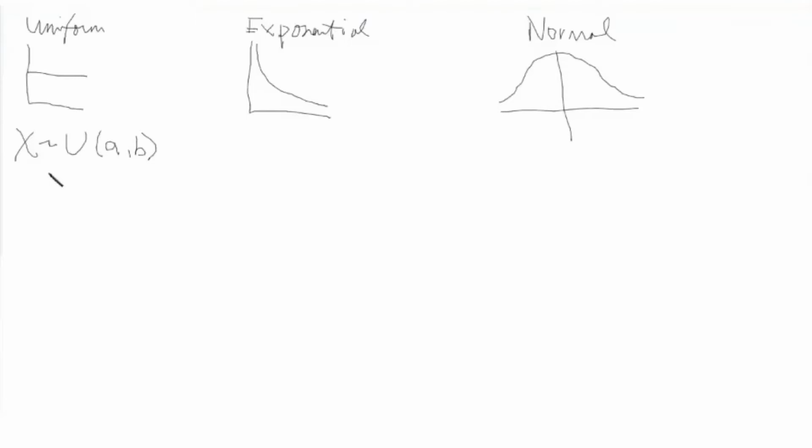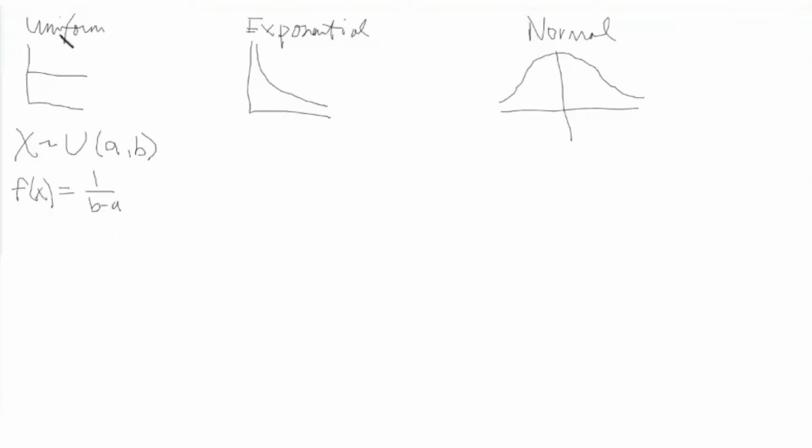Now the formulas for a uniform distribution, you're going to have your f of x, which is going to be 1 over b minus a. So that's just the end point and the starting point.